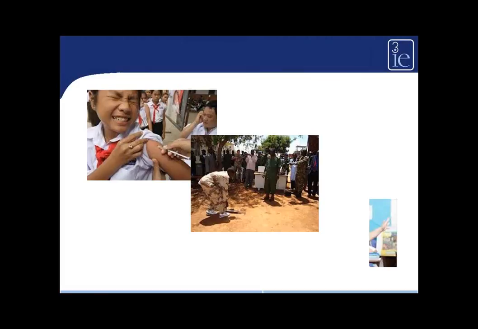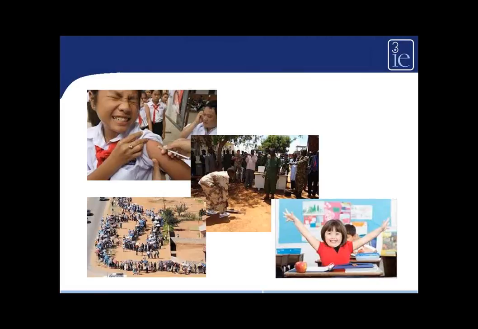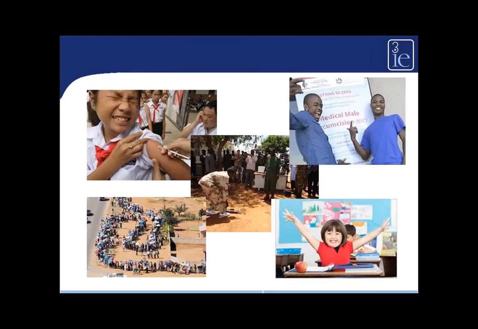How do we monetize the benefit of reintegrating ex-combatants? This would be an example of improving school test scores or knowledge, or increasing voter turnout. Again, something that we think is very important as a development outcome, but not something that's easily monetized. And finally, voluntary medical male circumcision. Again, something that we can count, but that is hard to put a monetary value to.